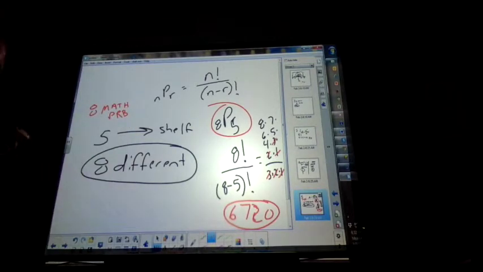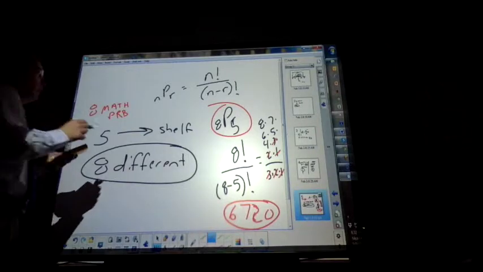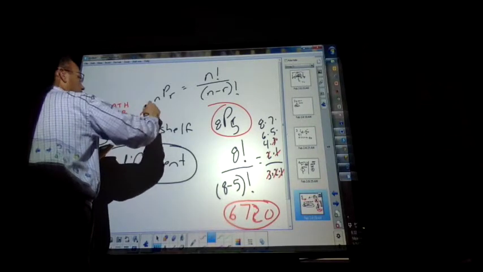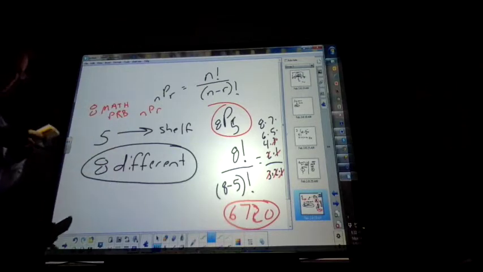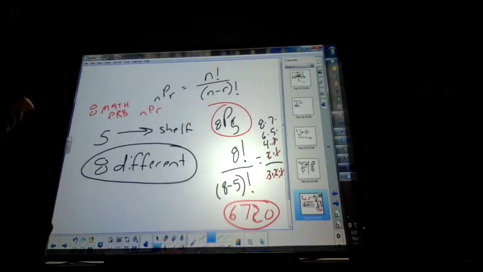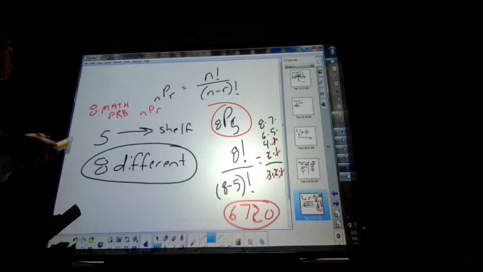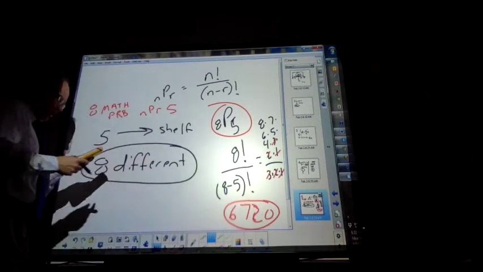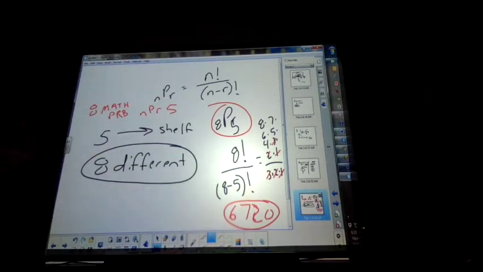And you're going to find the nPr button. Does yours come up with parentheses right away? Okay. Hey, I don't think it'll matter. And then at the end of your nPr, you put 5. And once you hit enter, you're going to find that this comes out to 6,720.